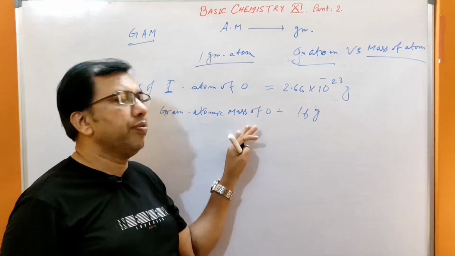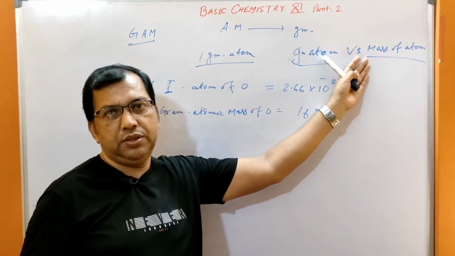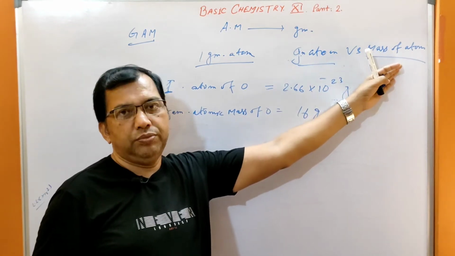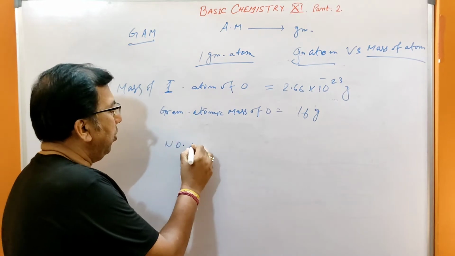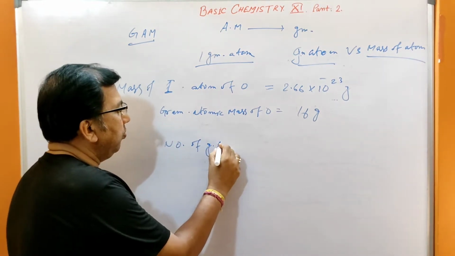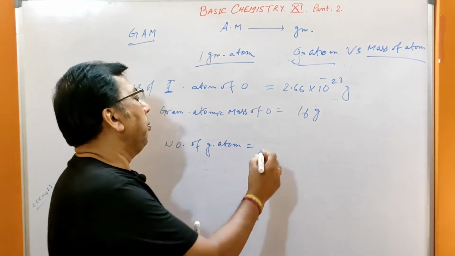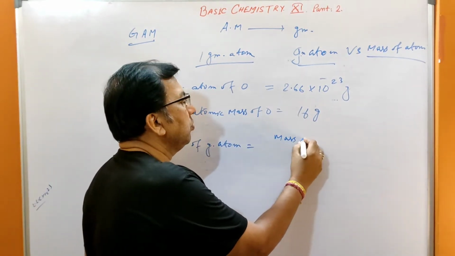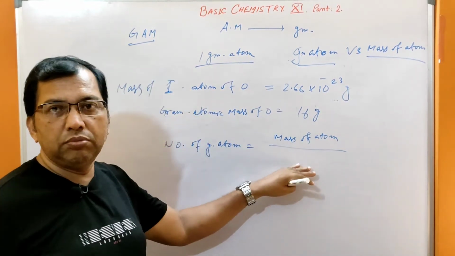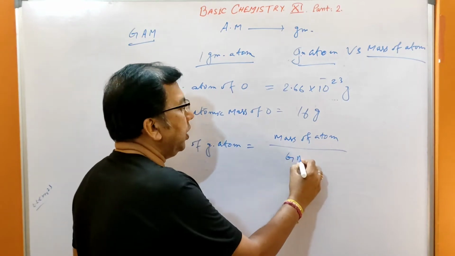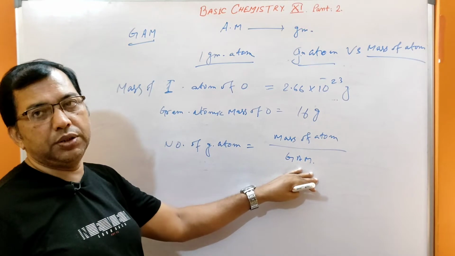Clear? The number of gram atoms कितना होगा? The number of gram atoms equals mass of atom by gram atomic mass.